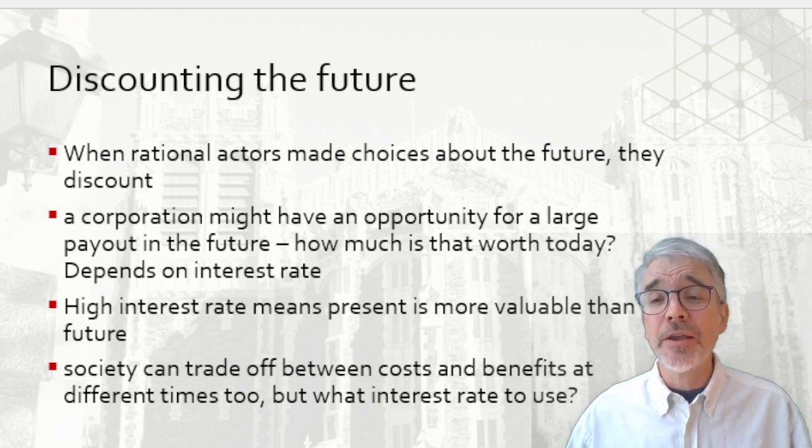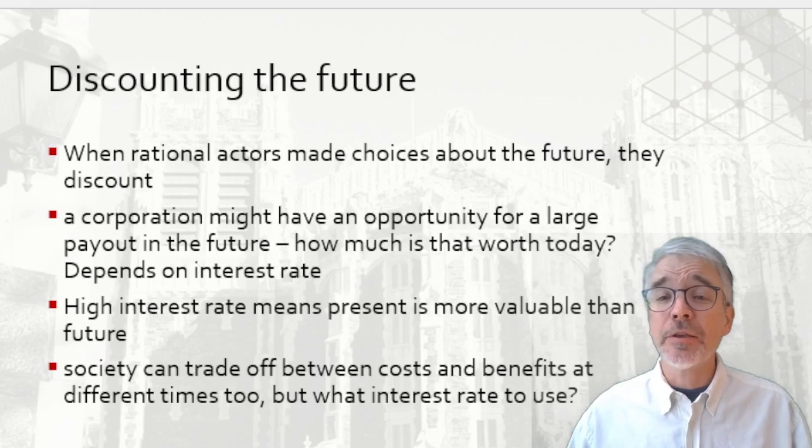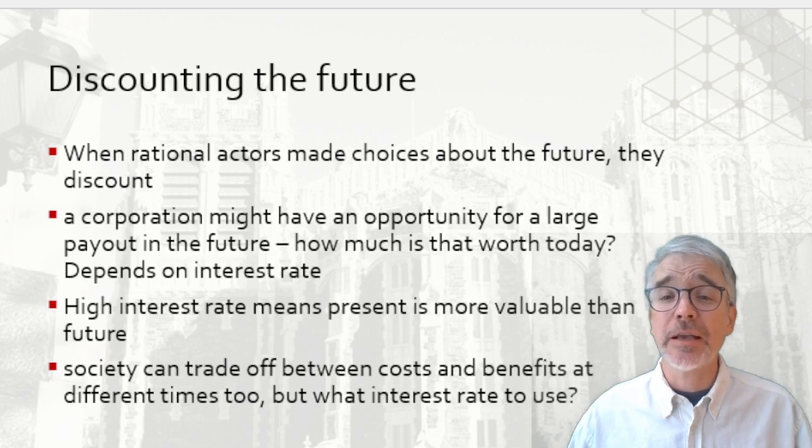A high interest rate means a higher discount rate, so future money has a higher discount and is going to be worth less if interest rates are higher. So the present is going to be more valuable relative to the future if interest rates are higher. The whole society, trying to make rational choices, has to figure out the trade-off between costs and benefits at different times.